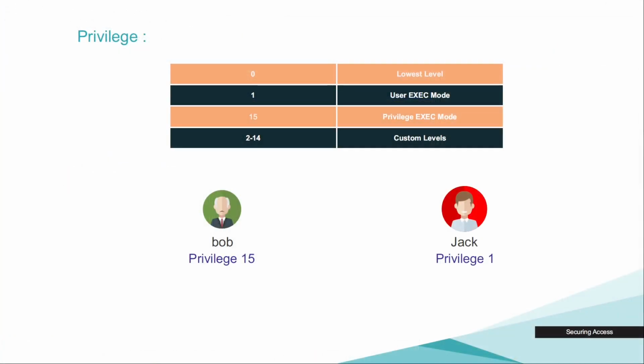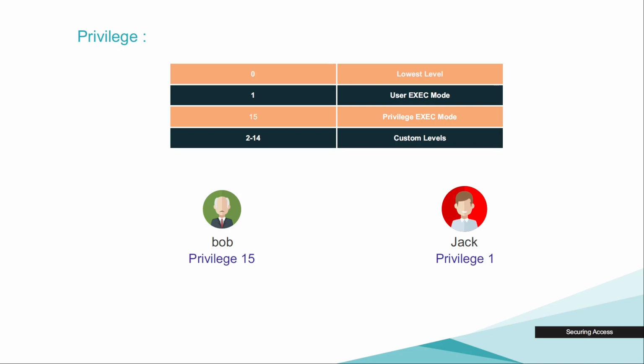The next topic that we have is privilege. With privilege, we can assign a privilege level to a user, and based on that privilege level, the user will have access to our network equipment. The privilege is from 0 to 15. 0 is the lowest level. 1 allows the user to enter user exec mode.